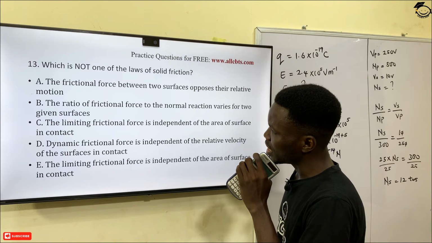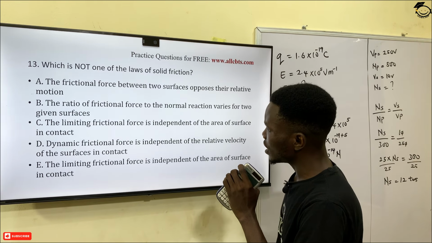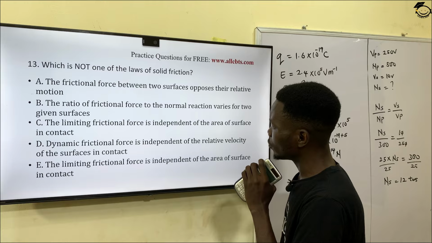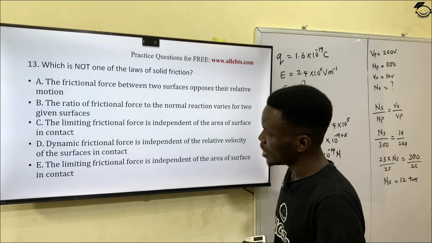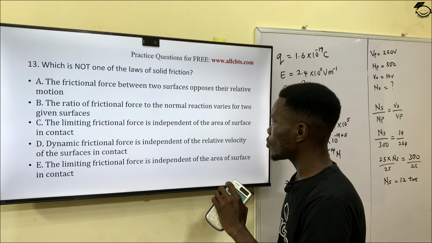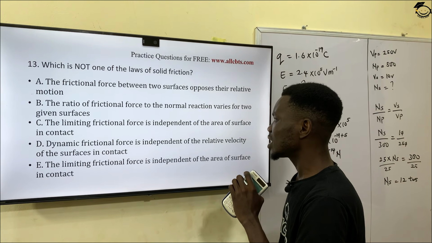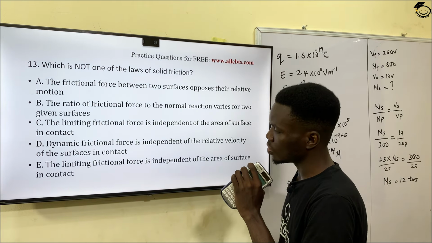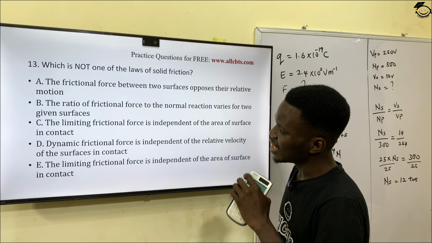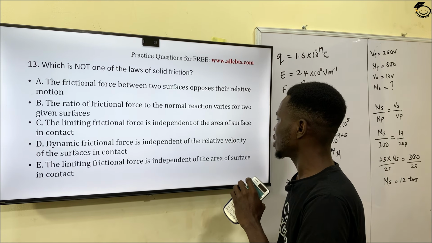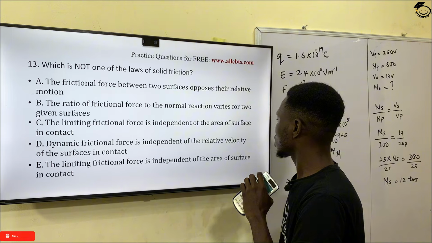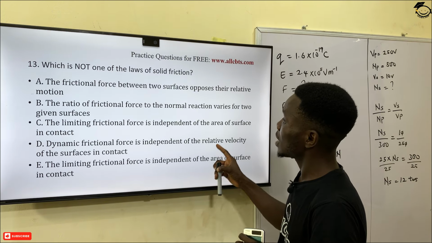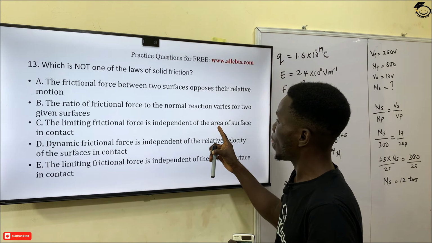Option C says the limiting frictional force is independent of the area of surface in contact. Option D says the dynamic frictional force is independent of the relative velocity of the surfaces in contact. And option E says the limiting frictional force is independent of the area of surface in contact, which is the same as option C here.